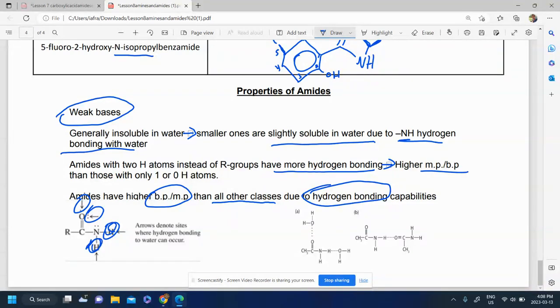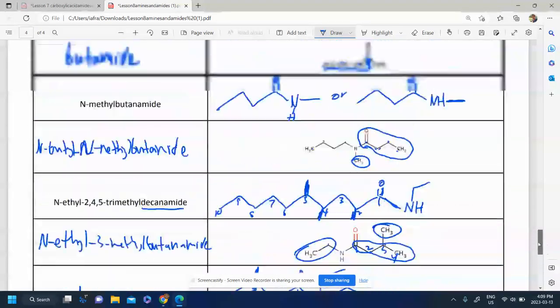Amines are not that powerful. They don't have as much hydrogen. They have weak and not as many hydrogen bonding sites. Amides have the NH, but also more sites here as well. So a lot more potential for hydrogen bonding, which is why if you have an amide with a lot of H here, then you're likely to have a higher boiling point than an equivalent carboxylic acid, for example.